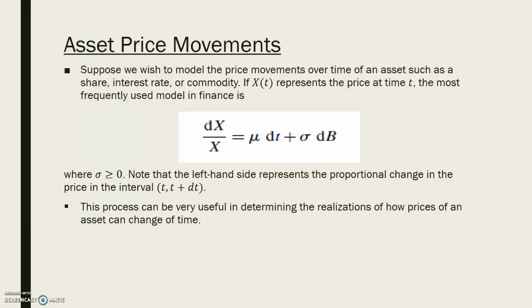One thing to take note of is that the left-hand side of that equation represents the proportional change in the price in the interval t, t plus dt. And this process can be very useful in determining realizations of how prices of assets can change over time.